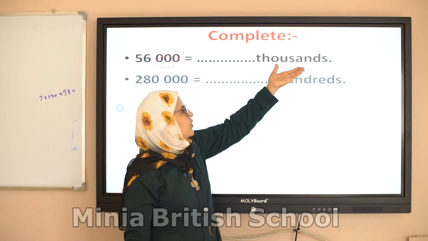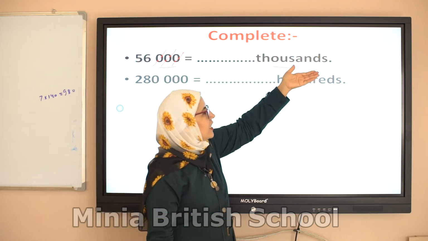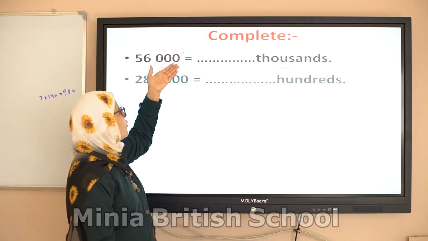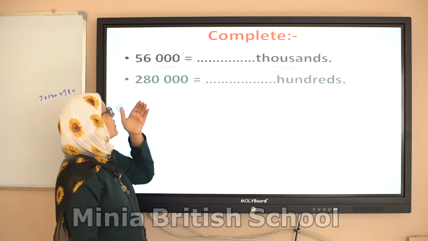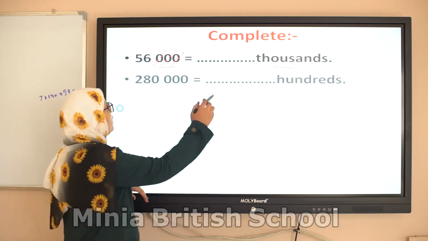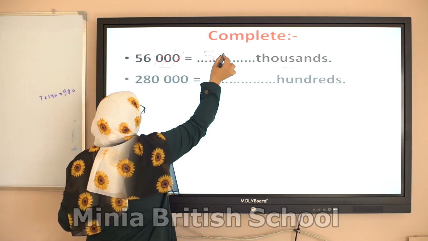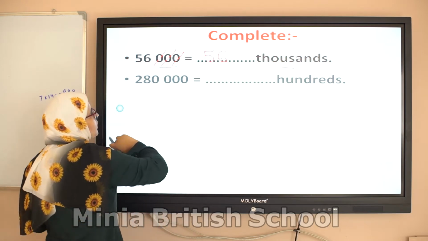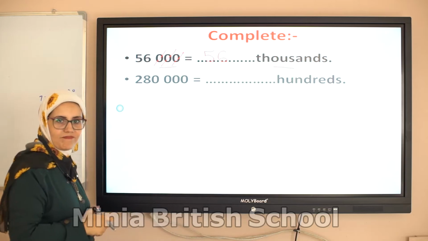If I have 100 here, I will cancel 2 zeros. If I have tens here, I will cancel 1 zero. So I have 1,000, so I will cancel 3 zeros. Then I will write this number as it is. It's 56. So 56,000 equal 56 thousand. The same thing.